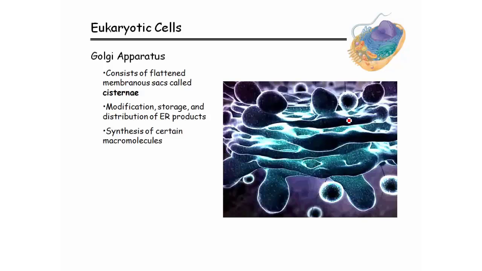That vesicle or compartment will be shipped to the Golgi apparatus, and the Golgi apparatus will be responsible for putting the special touches or the finishing touches onto those molecules, such that when the Golgi apparatus is done with them, they are ready to be used inside the cell, so they're ready to go.